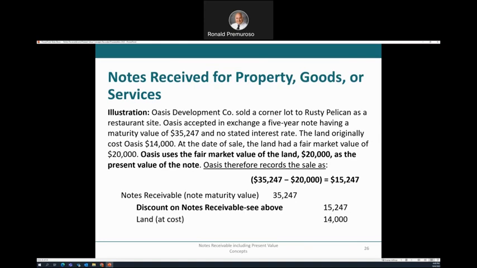Of course, take the land off the books, right, at its cost of $14,000. That's purely GAAP. And the difference between the cost of the land and its fair market value on the date of the sale, you're allowed under GAAP to record that in the income statement as a gain on the disposal of the land. Okay? So please study the illustration example on slide 26 very carefully.